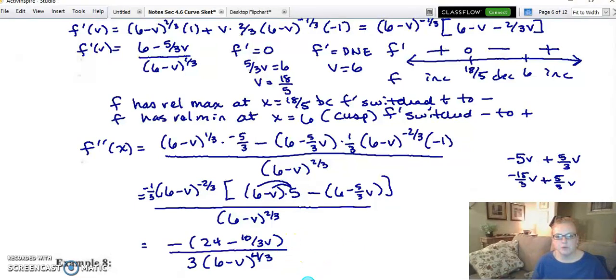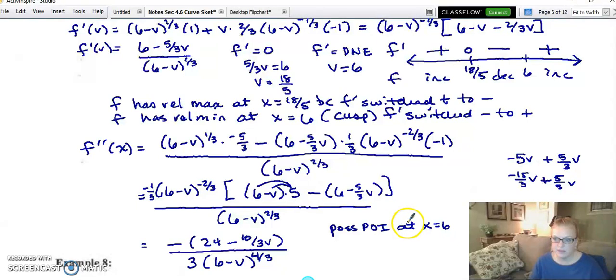All right, so now we're going to find our possible points of inflection. Our possible POIs are going to occur at x equal to 6, but I'm going to remind you that there was no derivative here. While that is a cusp, and yes, concavity can change at a cusp on the original, it can't be an actual point of inflection, even if it does switch signs, because to be a point of inflection, you must have a derivative and a tangent line and switch signs.